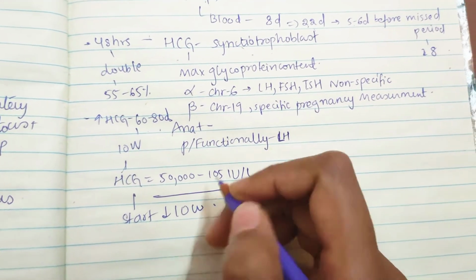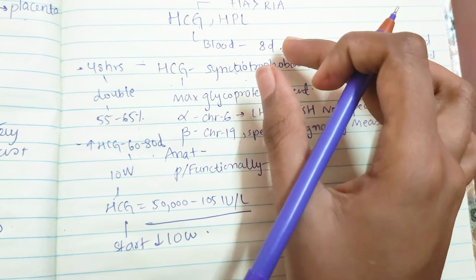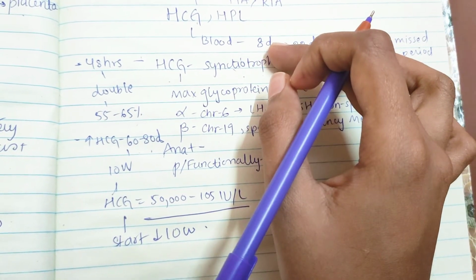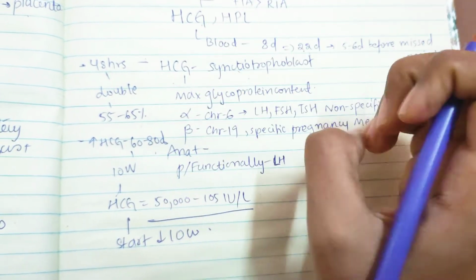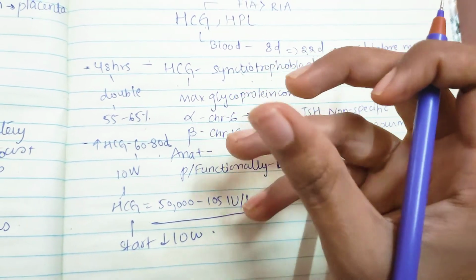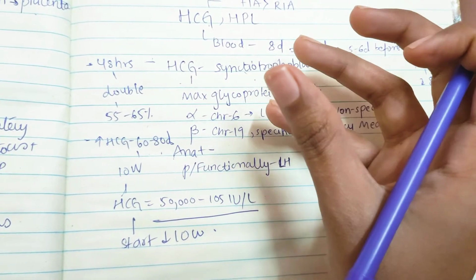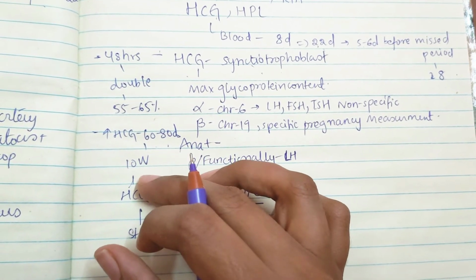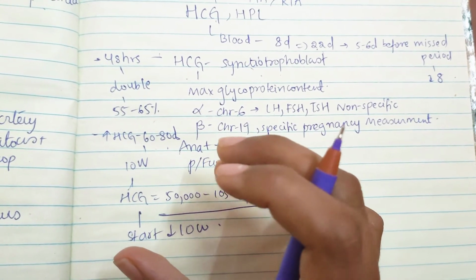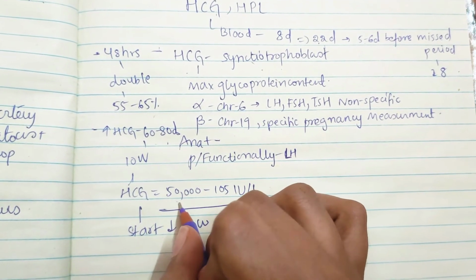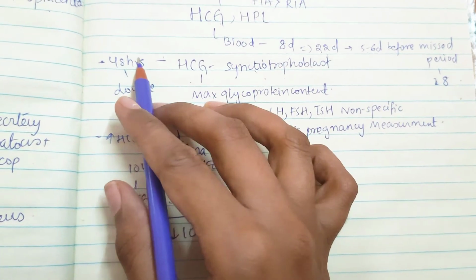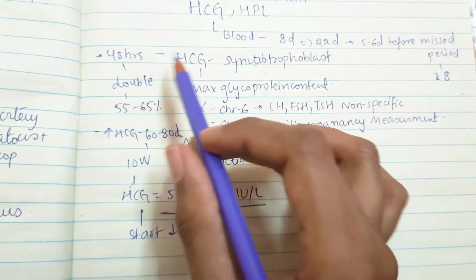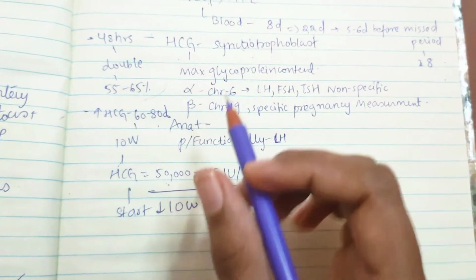So what I am saying: in the blood, exactly 8 days after fertilization, HCG will start forming. After 60 to 80 days, about the 10th week, HCG will be maximum in the blood, about 50,000. And every 48 hours in early pregnancy, HCG doubles, that is 55 to 65%.